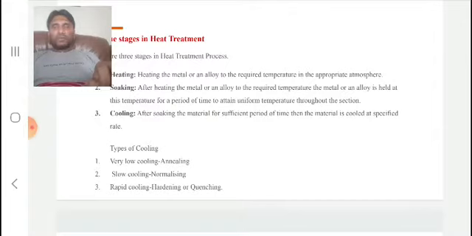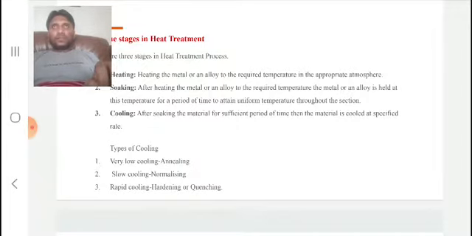soaking time is definitely a very important factor, because the metal has to attain uniform temperature throughout the section, and also uniform grain size or uniform phase throughout the metal. So soaking is important.